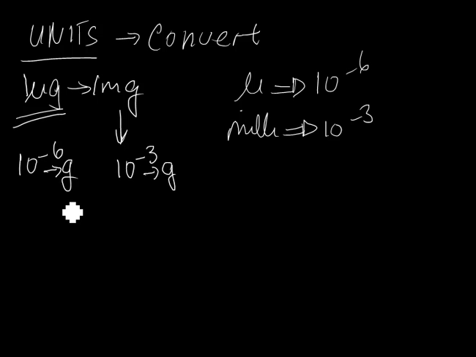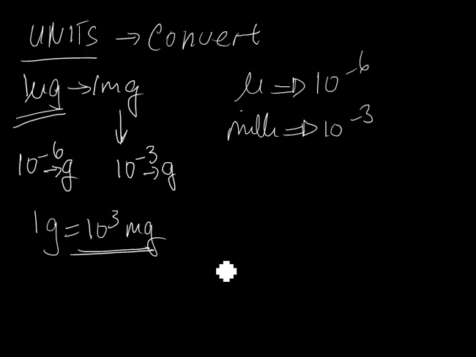Milligrams, because I can write 1 gram as 10 to the third of milligrams. So this is the same thing as saying I have to convert 10 to the negative sixth of a gram, which is also 10 to the third of milligram.